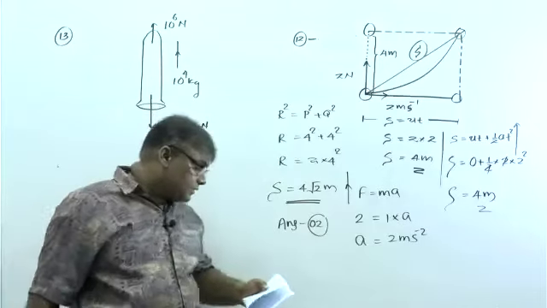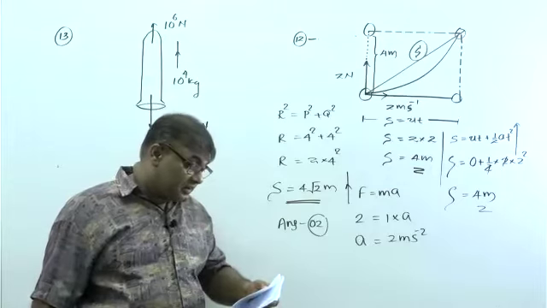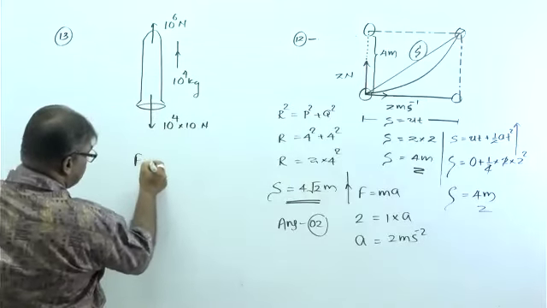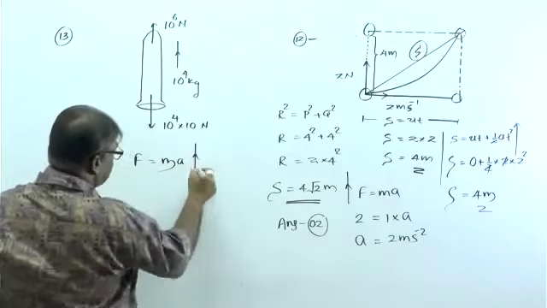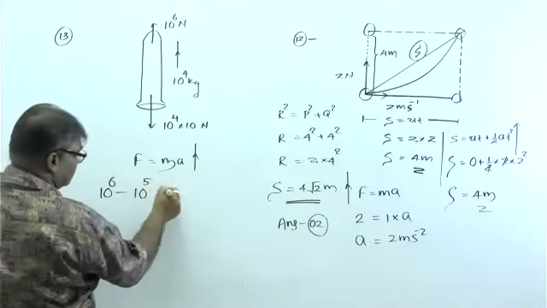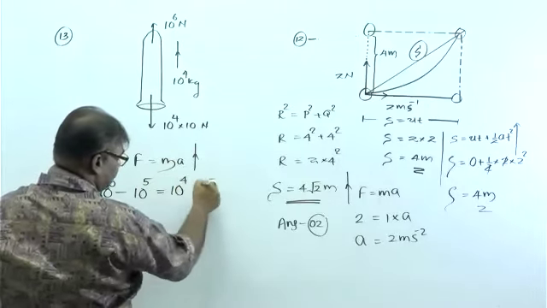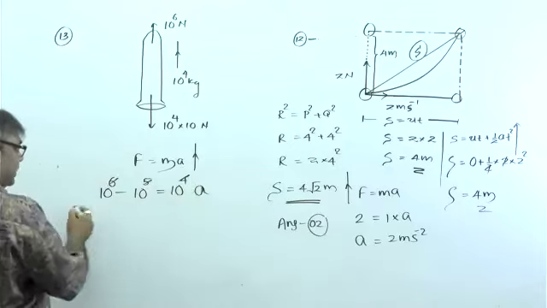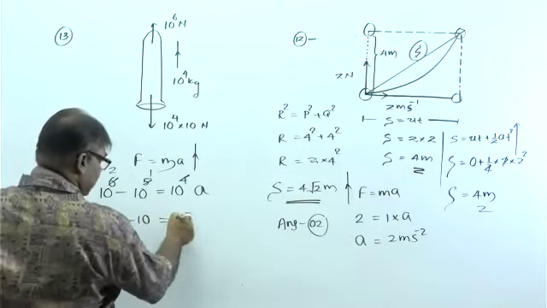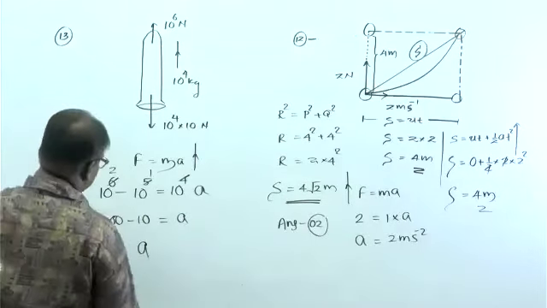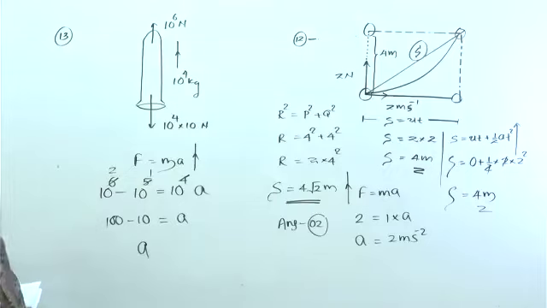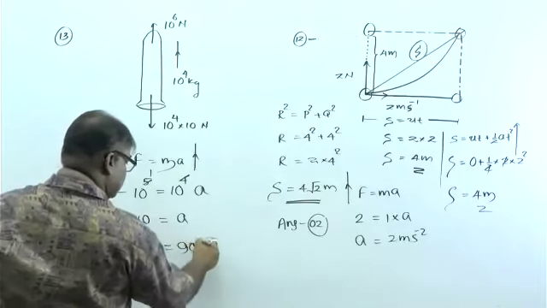Then you are asked to find the velocity attained at the end of 10 seconds. We can say F equal ma upward. Upward we have 10 to the power 6, backward we have 10 to the power 5, mass is 10 to the power 4, acceleration A. 4 cancels, so 100 minus 10 equals A. A becomes 90 ms minus 2.